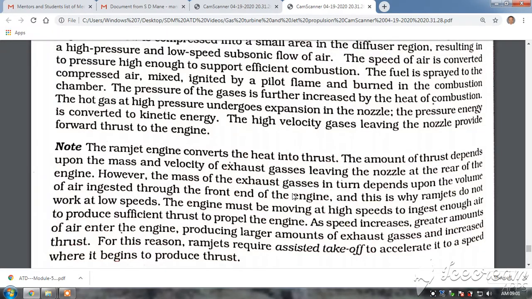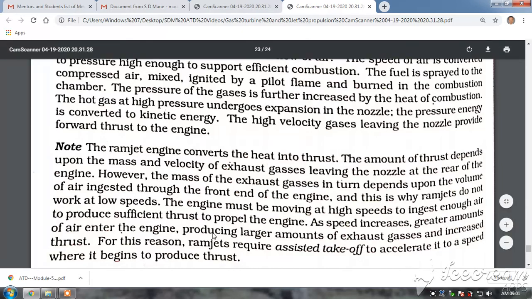The engine must be moving at high speeds to ingest enough air to produce sufficient thrust to propel the engine. As the speed increases, a greater amount of air enters the engine, producing a larger amount of exhaust gases and increased thrust. For this reason, ramjets require assisted takeoff to accelerate them to a speed where they begin to produce thrust. Ramjets can't start on their own, so they are provided with assisted takeoff.